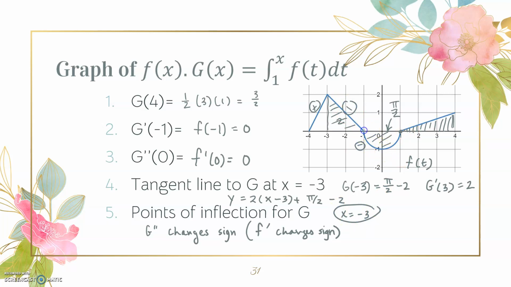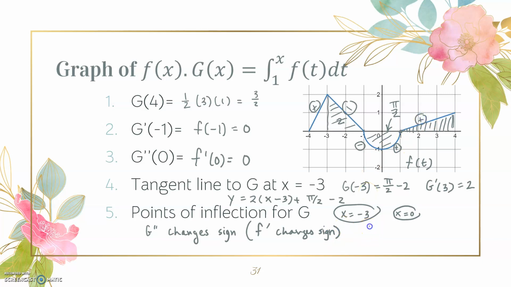There is a corner at x equals -1, but not a change in sign. And at x equals 0, there is a change in sign because it goes from negative to positive. There's a corner at 1, but not a change in sign because it's still going positive.